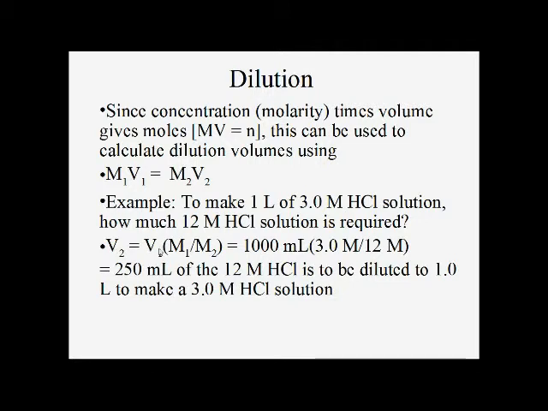So our diluted volume is 1,000 milliliters times our diluted concentration 3 molar divided by concentrated concentration. We'll end up with 250 milliliters of the concentrated solution that we need to dilute to 1 liter to make a 3 molar solution.